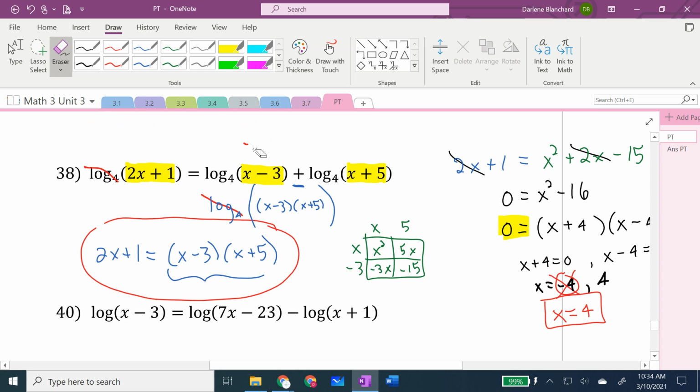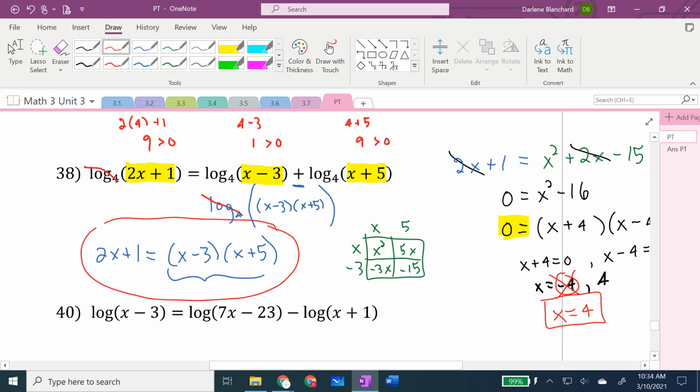So when I check the +4, I get yes, greater than 0, good. Next, plug in +4. Is that greater than 0? Yes. Good. Check the next one. Is that greater than 0?